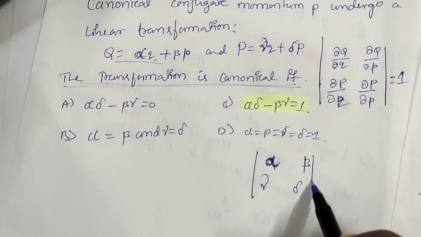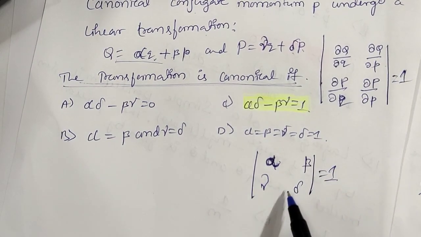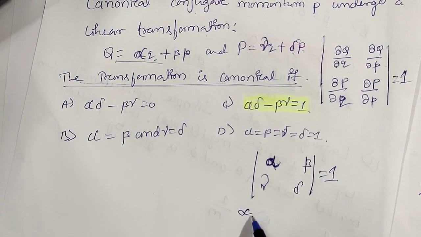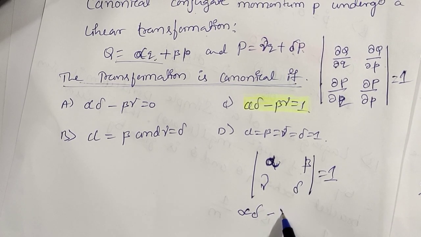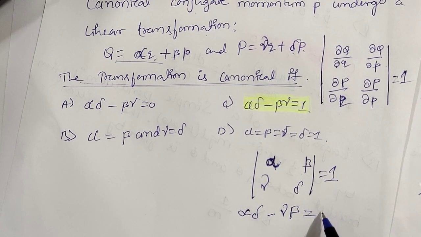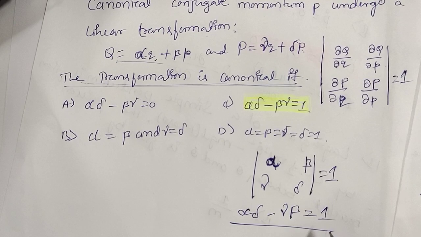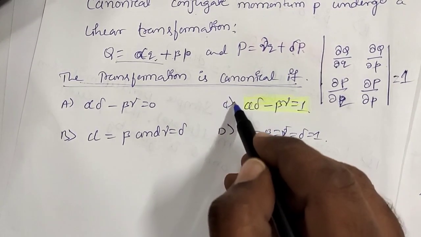Let us take the determinant of this. So alpha into delta minus gamma into beta is equal to 1. So answer C is correct.